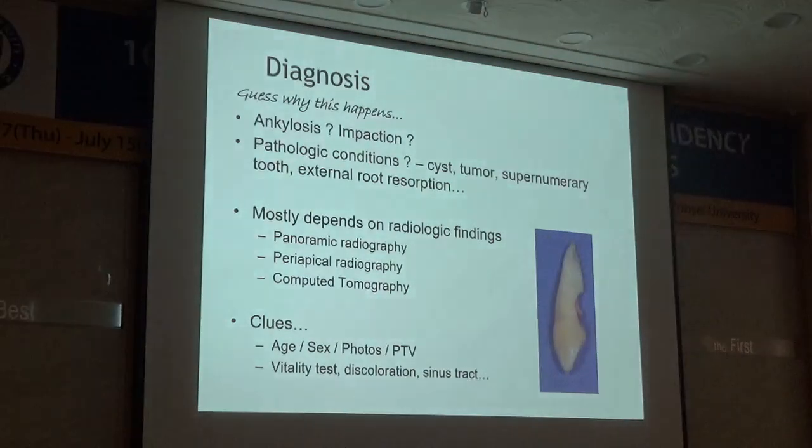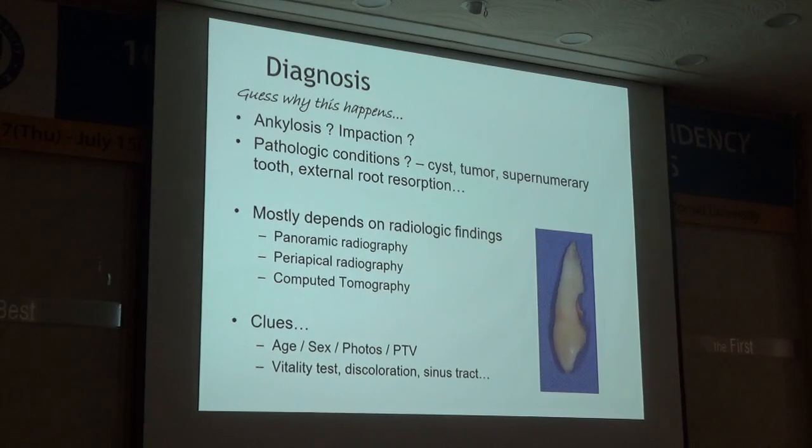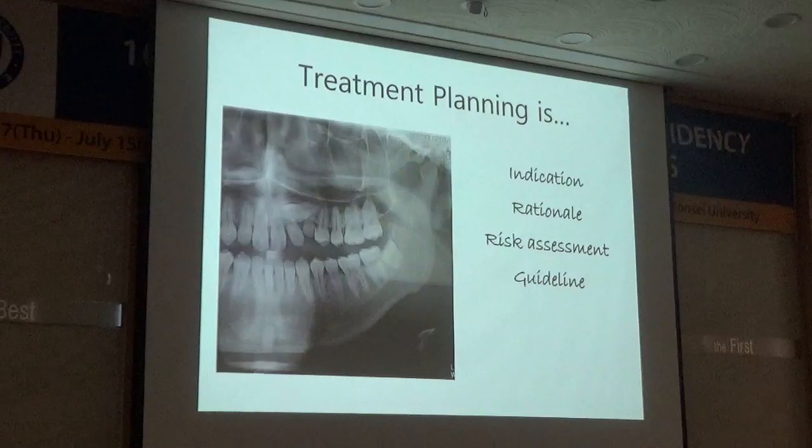When we diagnose some kind of pathologic lesion, such as a cystic lesion or a tumor, you have to make a differential diagnosis. But in terms of the impacted tooth, the differential diagnosis is very easy. It's just impaction, right? But the importance is that the treatment planning may be very different.